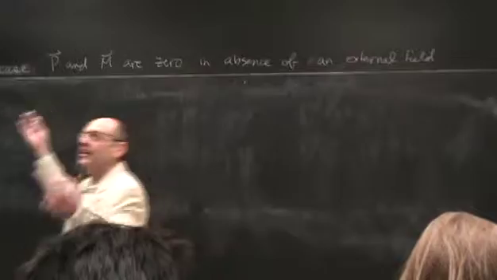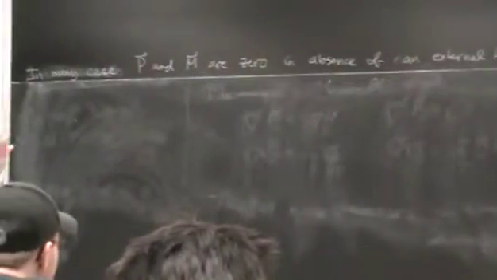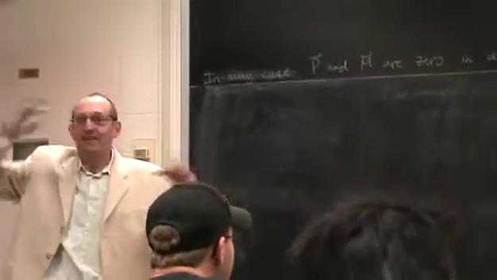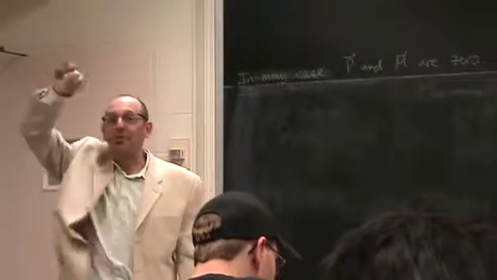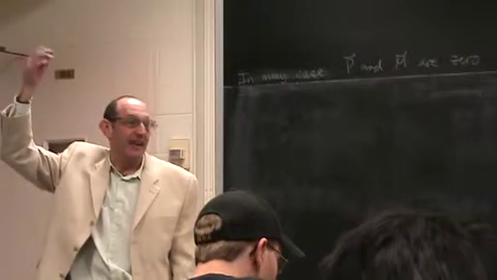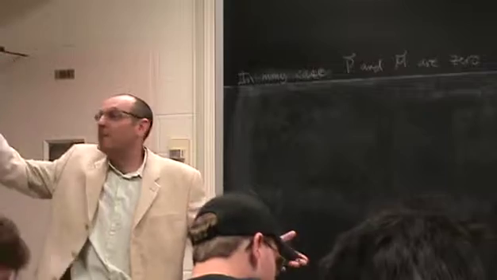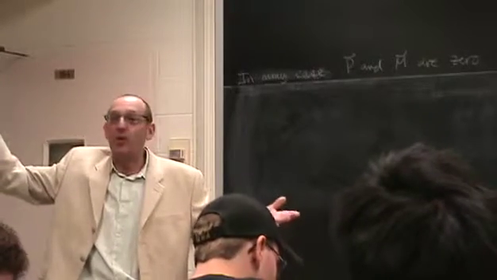So in air, the dipole density is 0, because on average, all these molecules, all their dipoles are pointing in random directions at thermal temperatures. There's no dipole moment on average in a coarse grain.